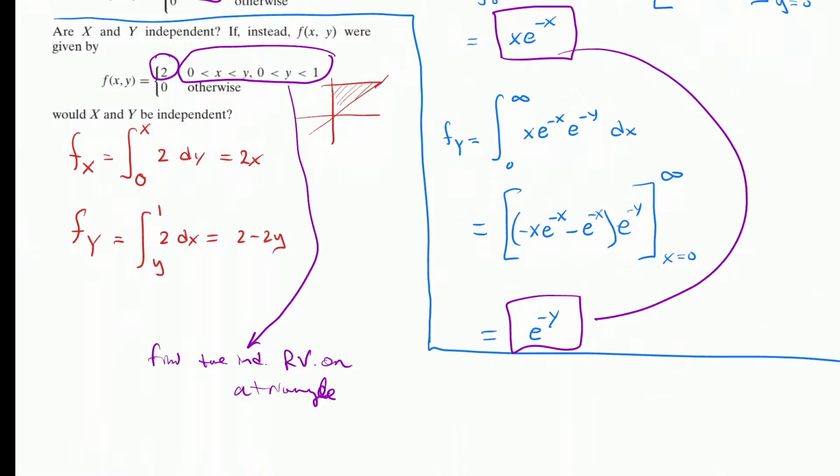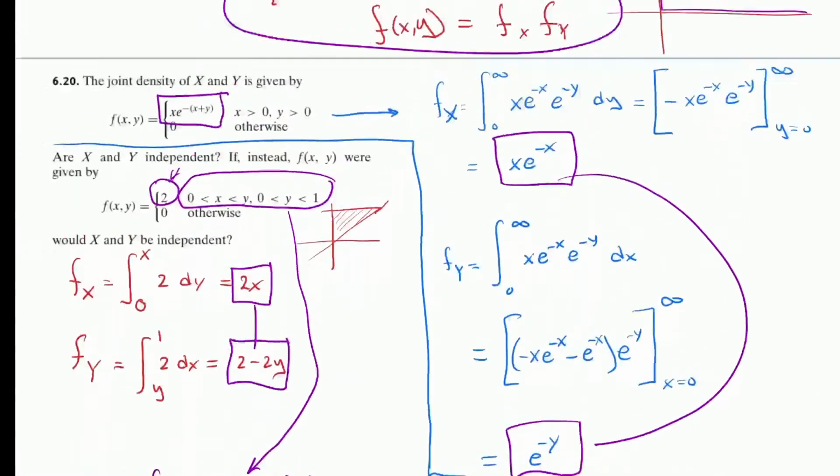So anyway, I did do the marginal density functions, even though apparently maybe I didn't have to. For the second part, this is my marginal density function for x. This is my marginal density function for y. If you multiply those together, you certainly don't get 2. So that's why that isn't independent.